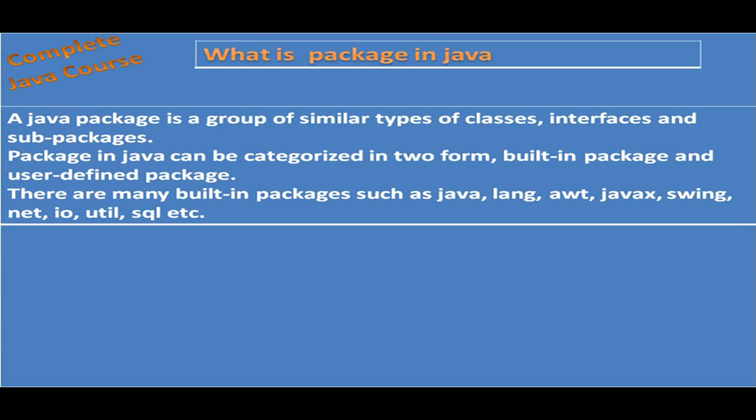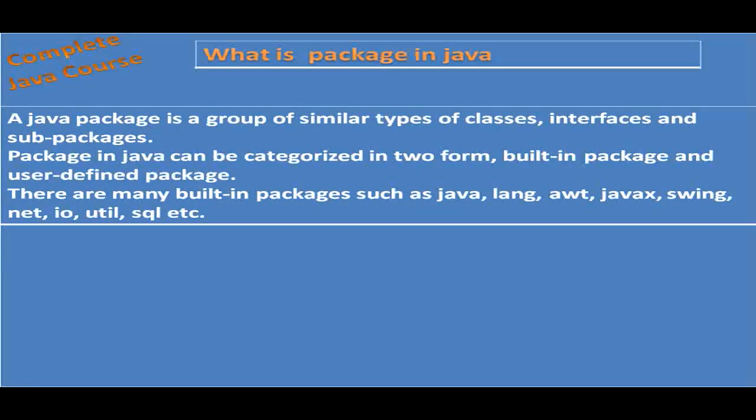Packages in Java can be categorized in two forms: built-in package and user-defined package. Built-in packages are provided by the Java people, Sun Microsystems, or the Oracle Corporation. And the user-defined package is created by the user, who keeps the user-defined classes in that package.